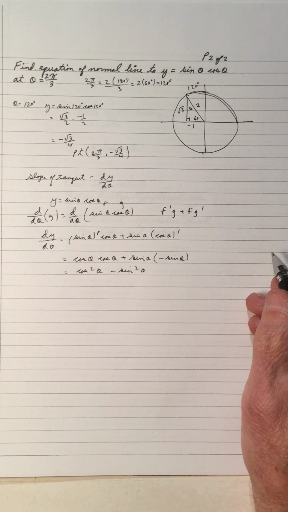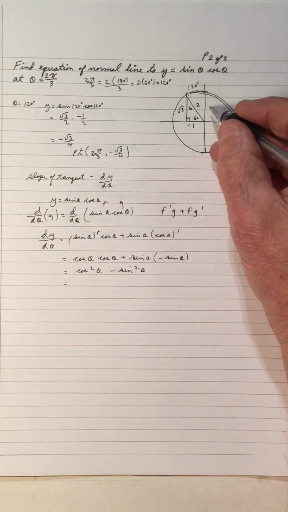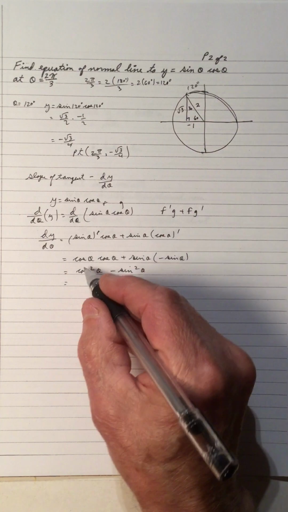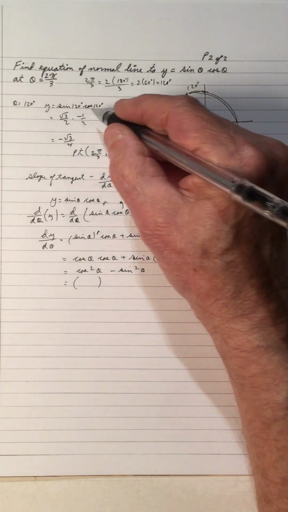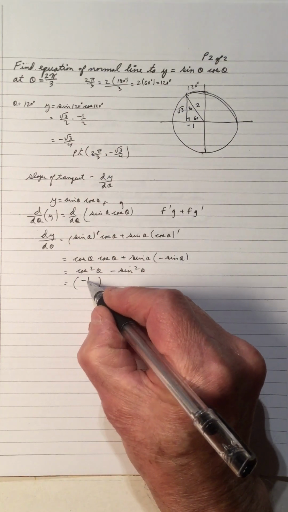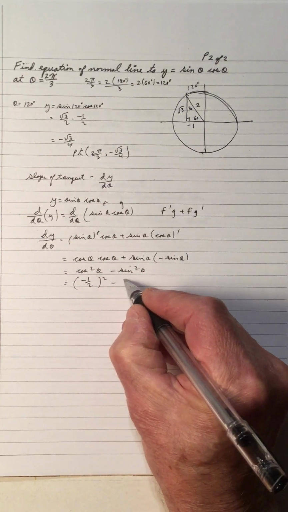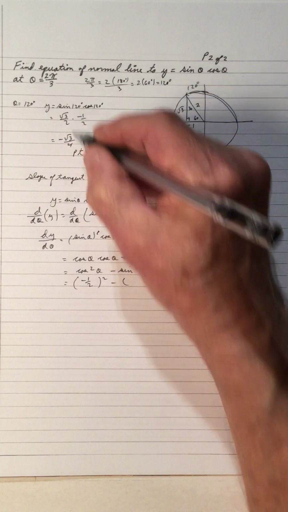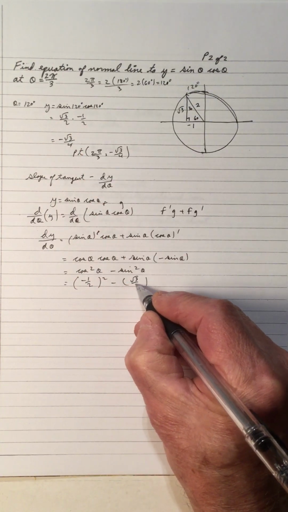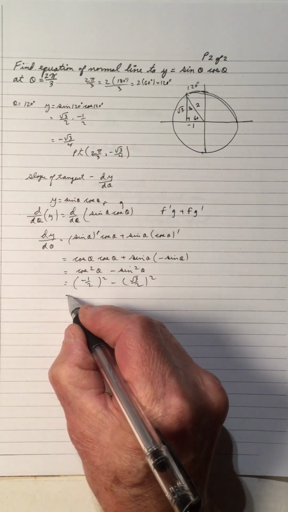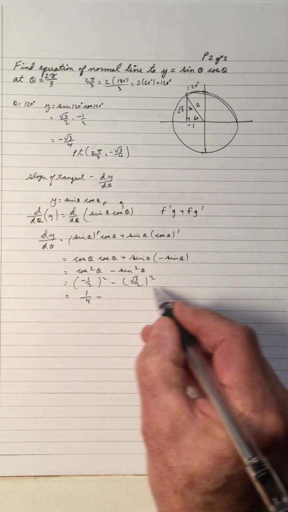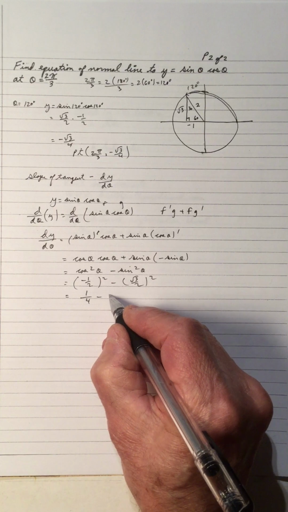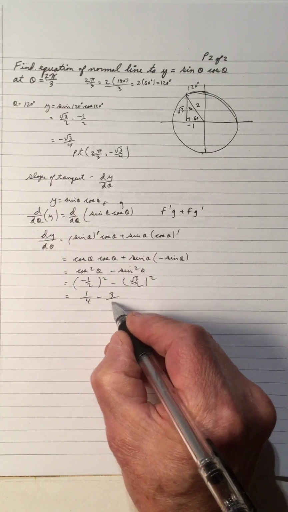Now, because the angle is 120, the cos of 120, we found to be negative 1/2, squared, and the sine, which we worked out to be root 3 over 2, we're going to square it. So that gives us 1/2 squared is 1 over 4 minus root 3 squared is 3, 2 squared is 4.